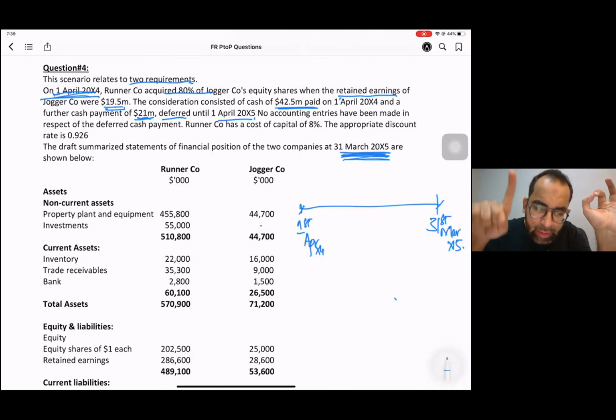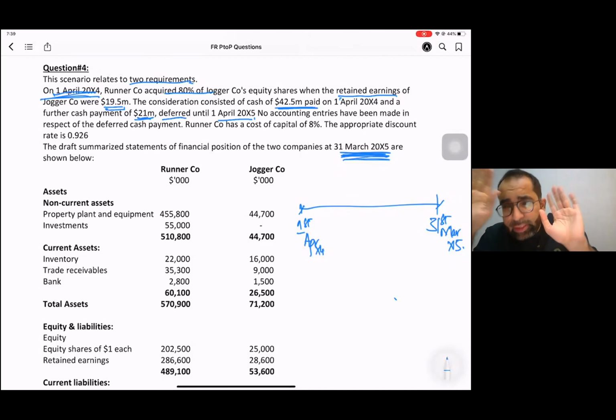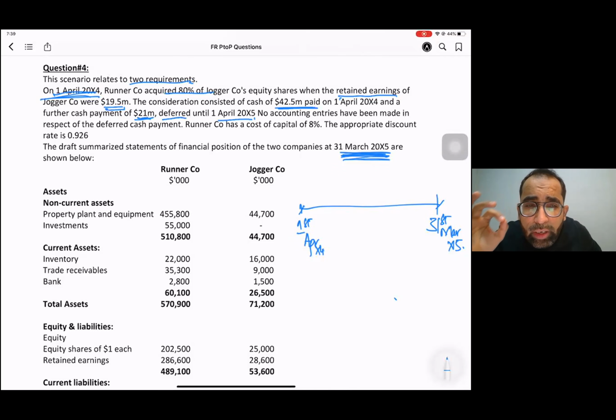The first one is cash consideration and the second one is deferred consideration. Now look at me. In 99% of questions, cash considerations are already recorded by the accountant. But deferred consideration we have to do with our own hands.